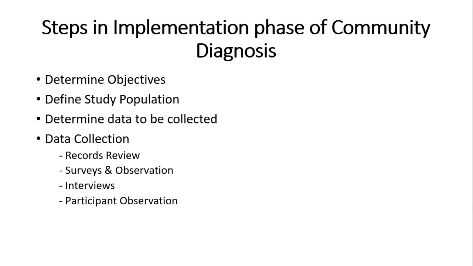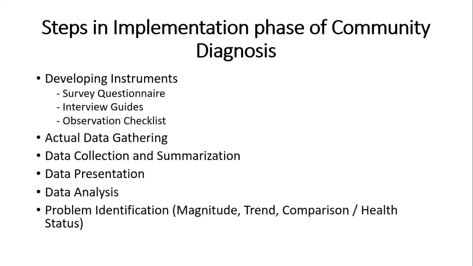So record review, when I'm saying, you will be doing a record of the patients who have visited your clinic in the past 1 month from a given area, or that data collection should be in terms of surveys done or observations done, or it can be in terms of interviews taken, or it can be a participant observation, like certain members of your PHC go to an area and observe the behavior, the problem there, and that can also be one of the ways to collect data.